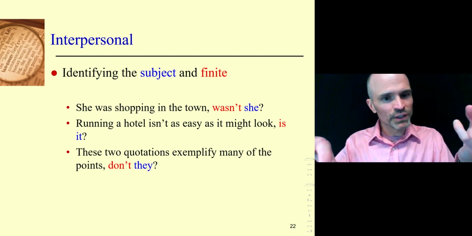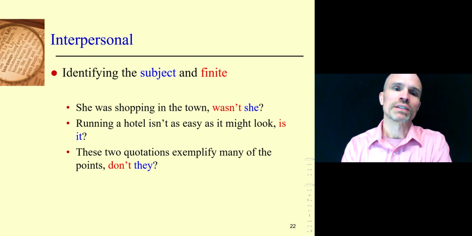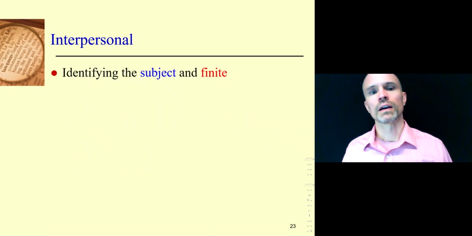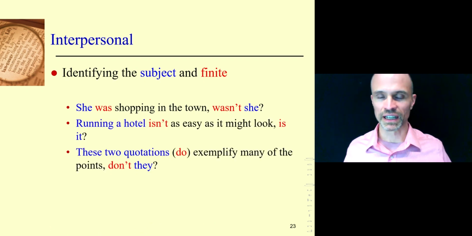You took the finite do and you reversed the polarity and made it don't. So if you wanted to identify the subject of this final one, you know the subject is these two quotations and the finite is do. I've color coded it all the way here if you want to pause and see that.